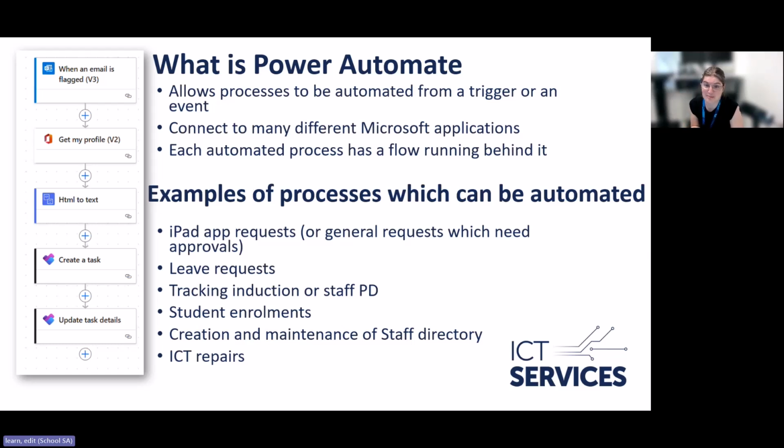So a couple of examples are an iPad app request, leave requests, tracking induction or staff BD, student ad hoc enrolments, creation and maintenance of staff directories, ICT repairs, making sure people are doing tasks and things like that. It's really powerful.